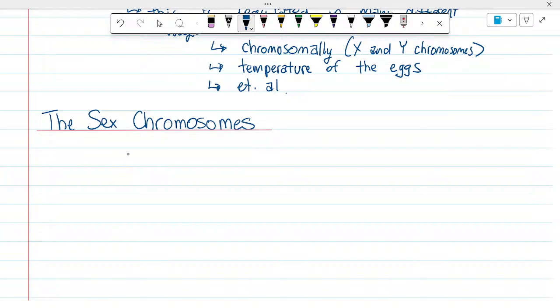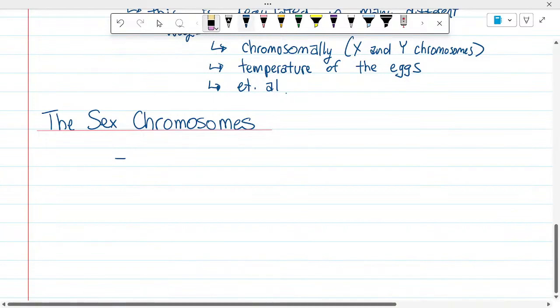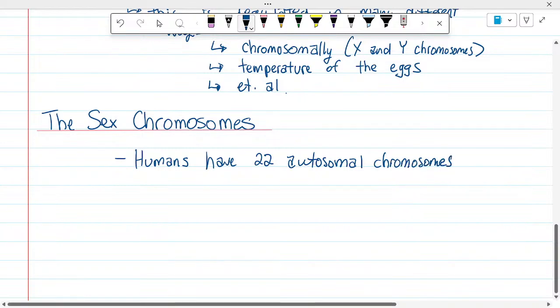As you know, humans have 22 autosomal chromosomes. In other words, 22 chromosomes that have nothing to do with being male or female. The X chromosome is the 23rd.